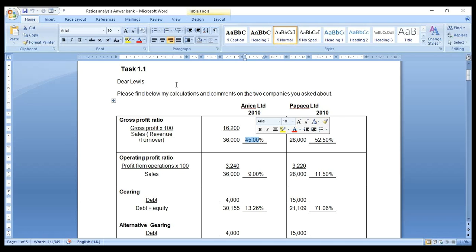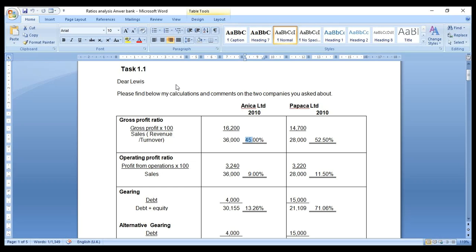So whatever we're selling, whatever the cost is, we're generating 45% as profit. If we're generating 45%, it means 55% is my cost, because my revenue is 100% and my profit is 45%. So 55% is my cost of sales.